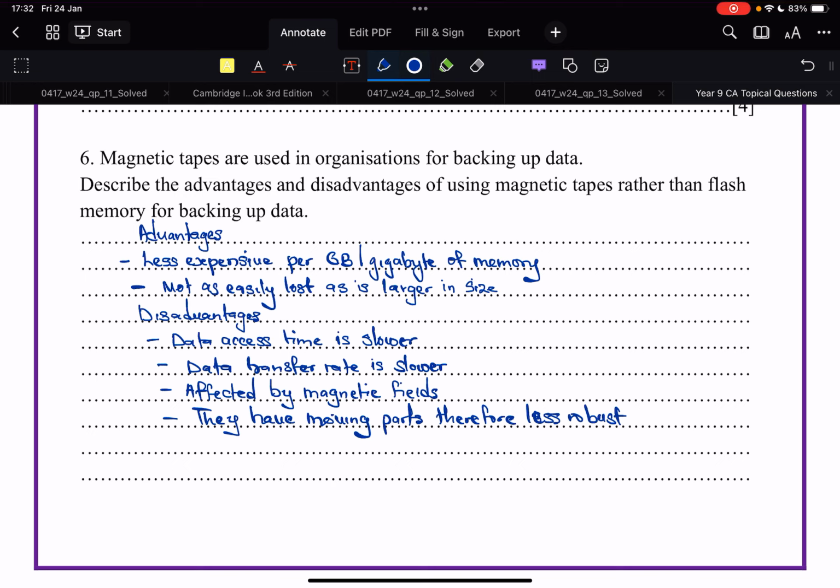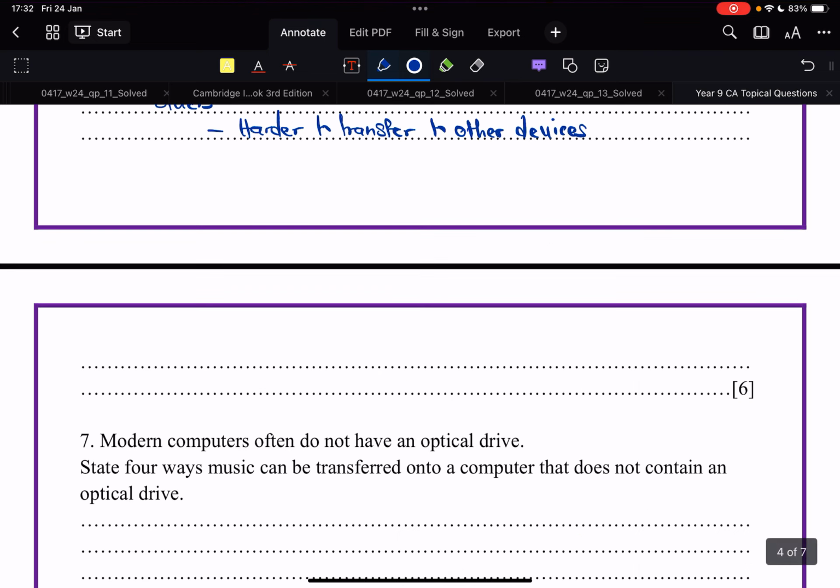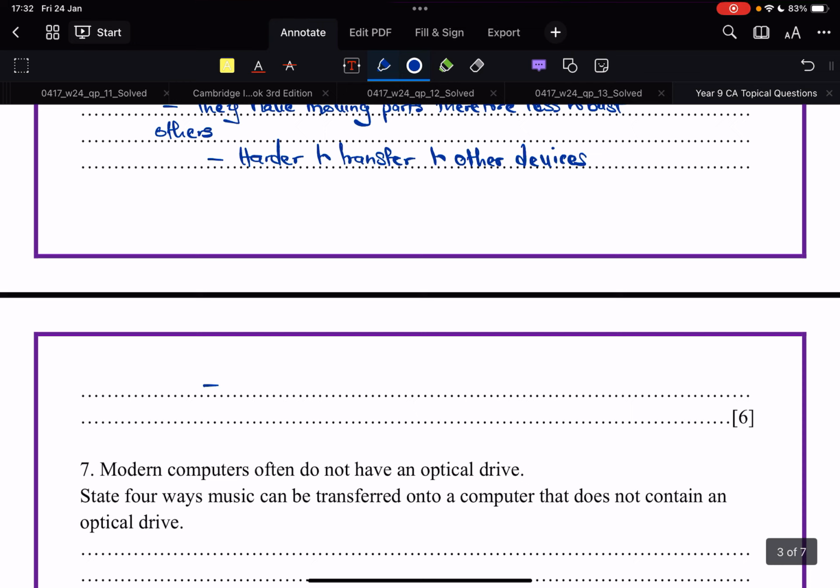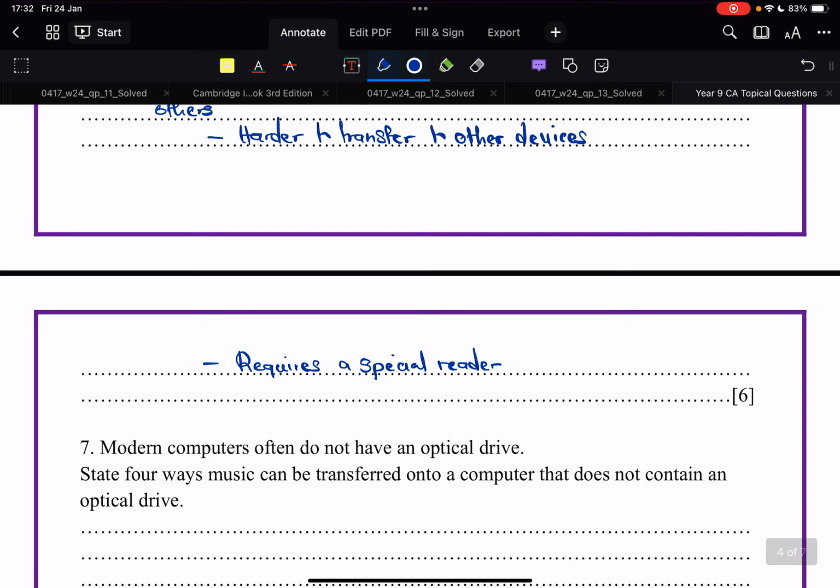I think that covers the 6 points. I'll have a few others because I have some more disadvantages to talk about. It is harder to transfer to other devices, and it requires a special reader.